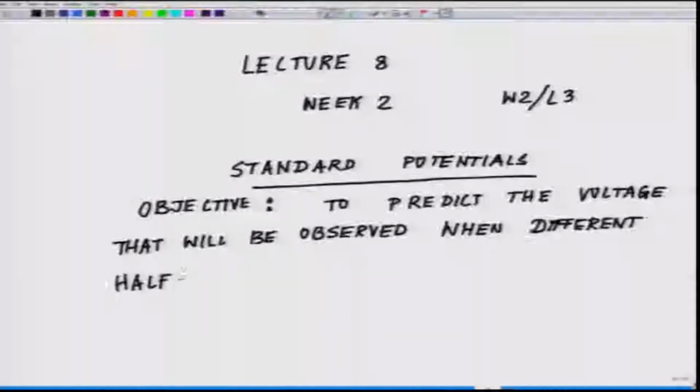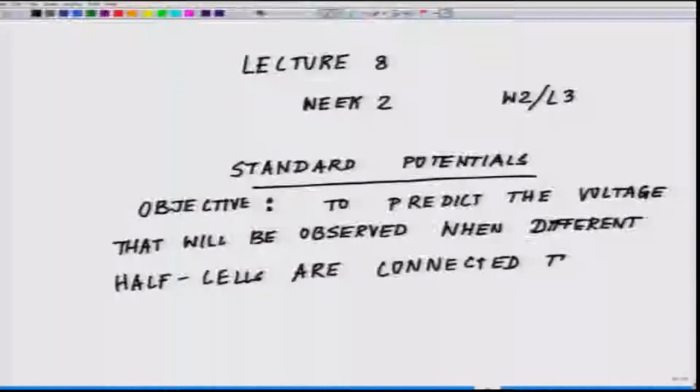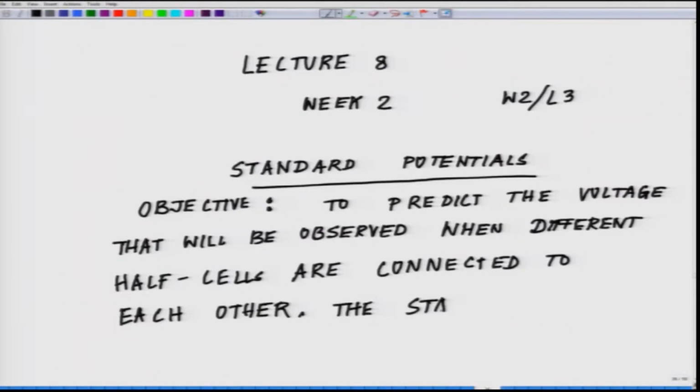I have already introduced the concept of half cells. The standard reduction potential. Now, I will come to this concept.